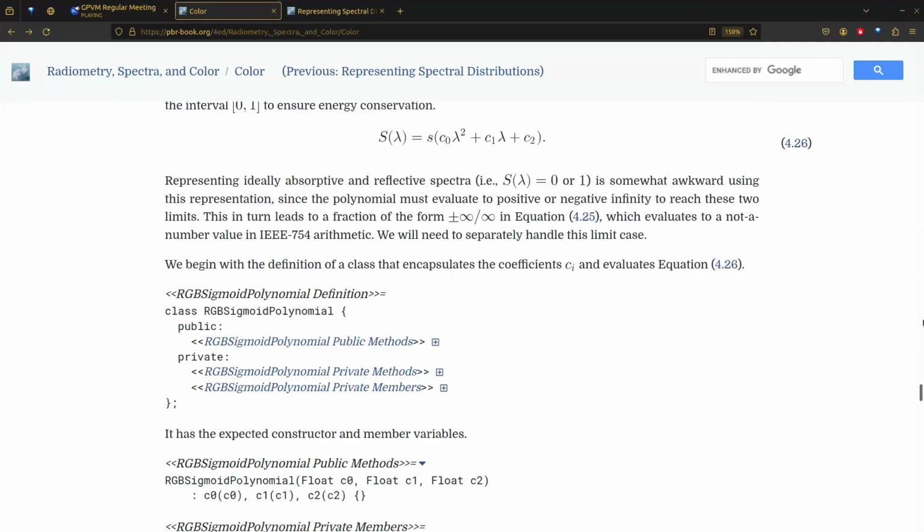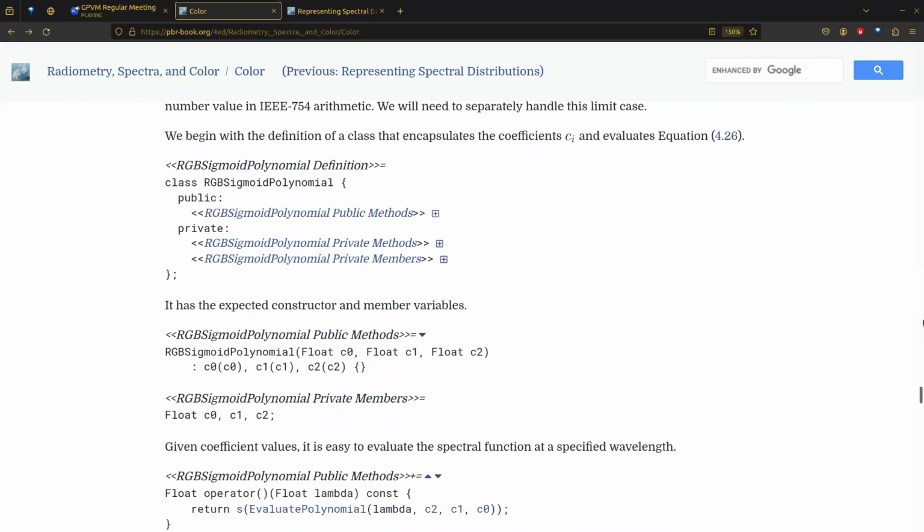So we're going to handle the infinity case. All right. Begin with the definition of a class that encapsulates the coefficients ci.